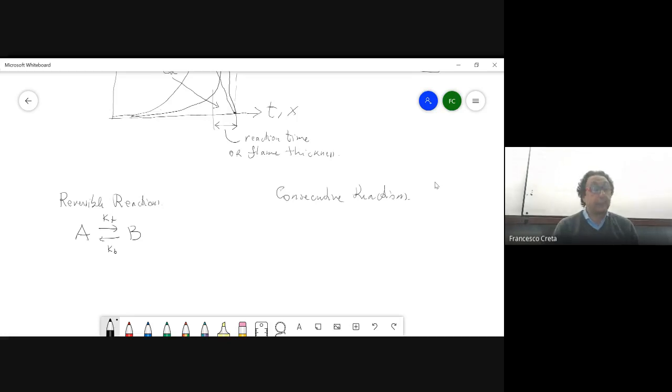By consecutive, I mean we start from an initial species, which you can think of as the fuel or the reactant, and this will react irreversibly through a reaction of this kind, K1, to form B.